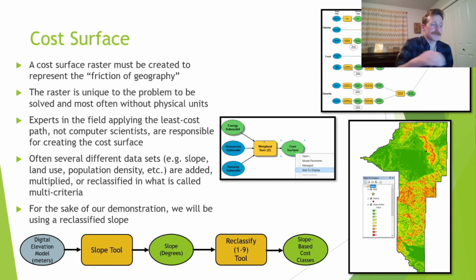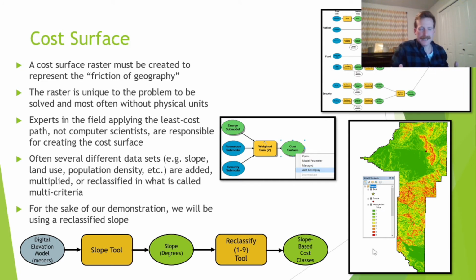And in our demonstration, we're going to just use one input data structure. So we are not doing a multi-criteria. We're just going to work off of slope. Our slope will be our cost surface.